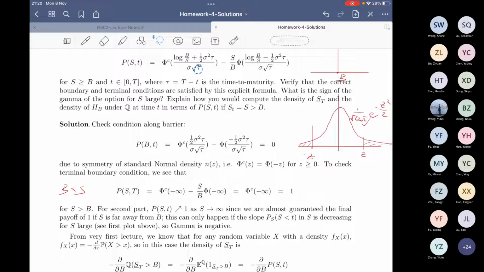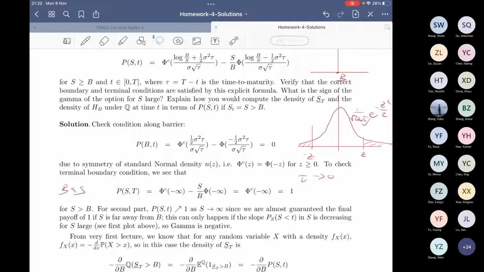Because tau is going small, this whole thing inside the phi C tends to minus infinity as tau tends to 0. If we look at the other term, B over S is still negative. This is still really irrelevant when tau is small compared to that. This term swamps this term, so it doesn't really matter whether we have the plus term or the minus term. It's still the same behavior.